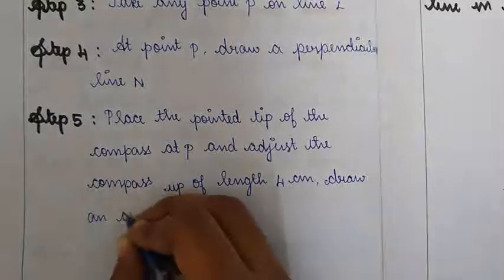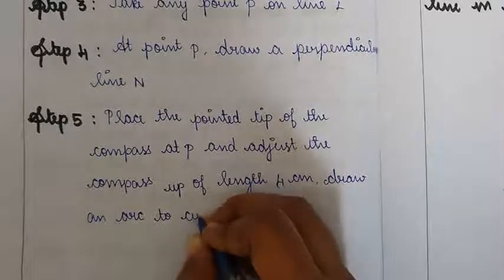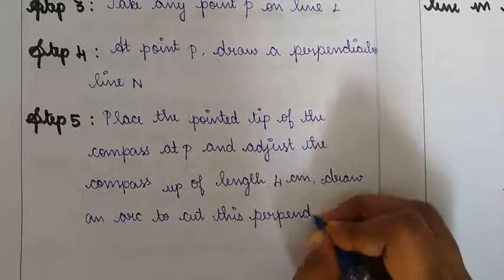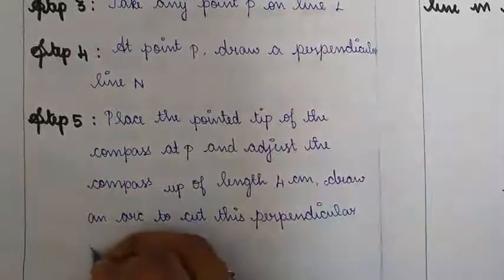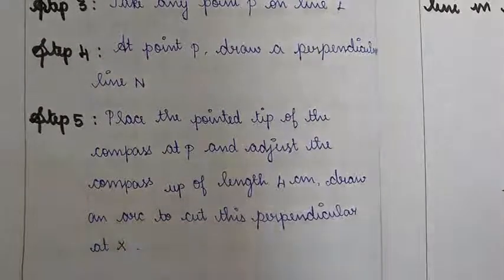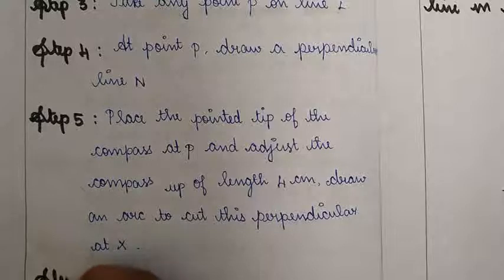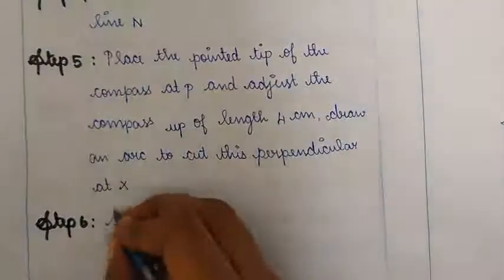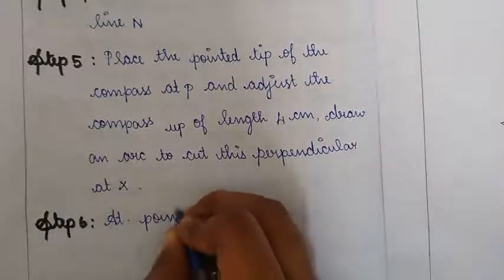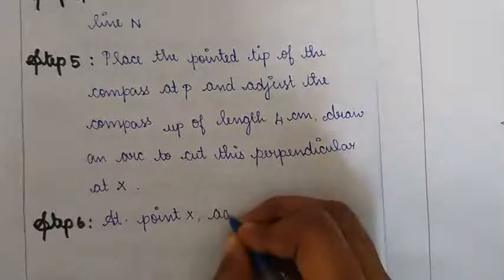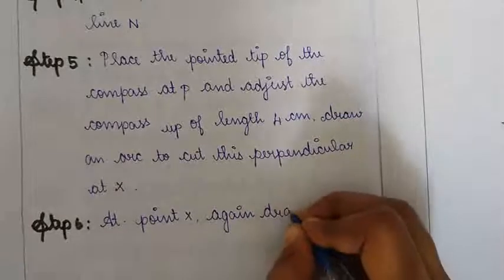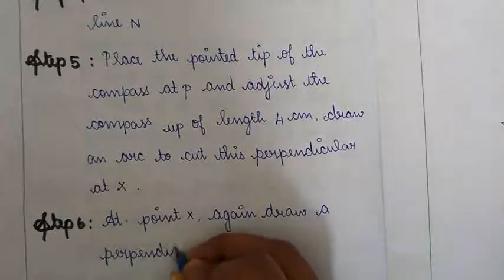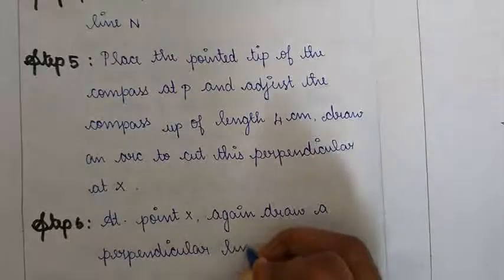Then draw an arc to cut this perpendicular at point X. Last step, step number 6: at point X, again draw a perpendicular line M.